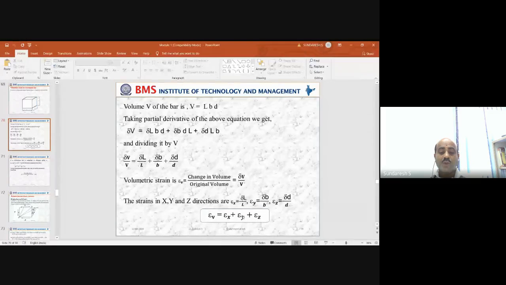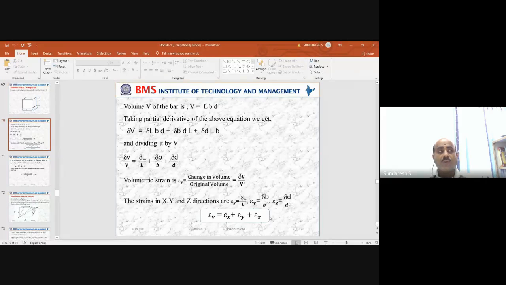Epsilon X plus epsilon Y plus epsilon Z, the sum of the three strains in the X, Y, and Z directions, will be equal to epsilon V. This is nothing but the volumetric strain we have, right? So this is the very important conclusion at this point, where the volumetric strain is the sum of the strains along the x, y, and z directions.